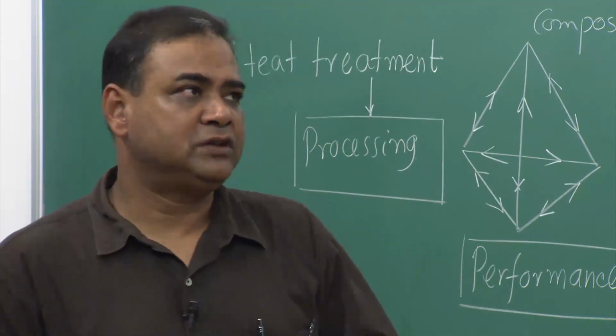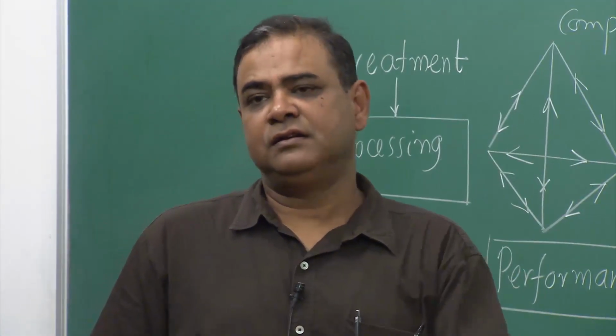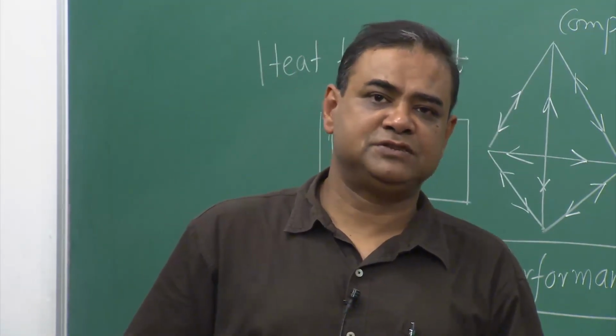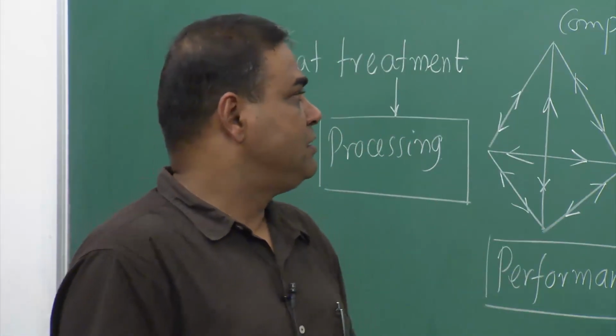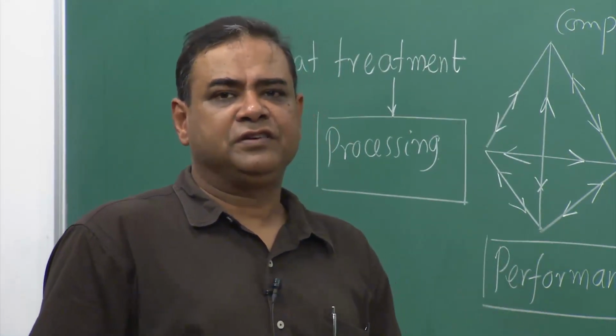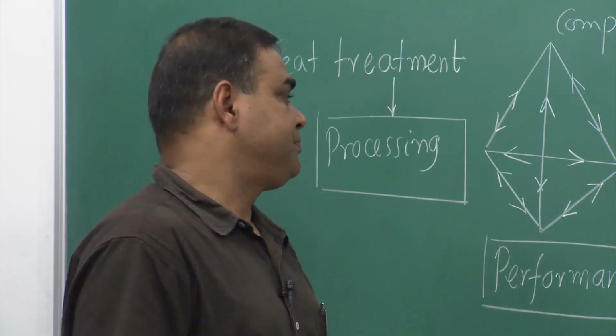Then another condition was you take the sample out from the furnace and place it in normal air, which will be considered as air cooling or normalizing. In all three cases, we have a difference in structure, a little modification in the structure, and we have changes in properties.